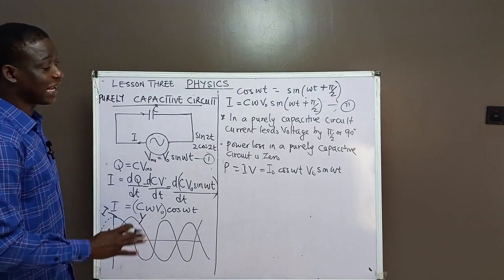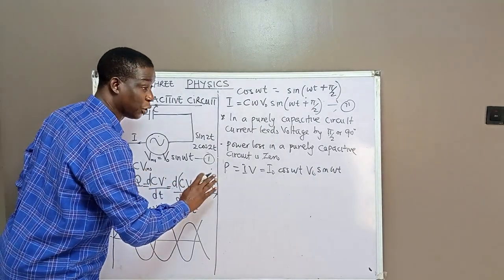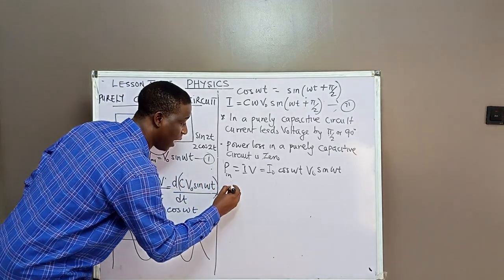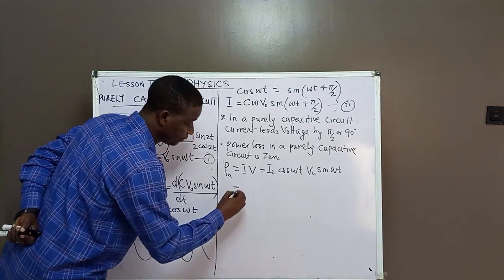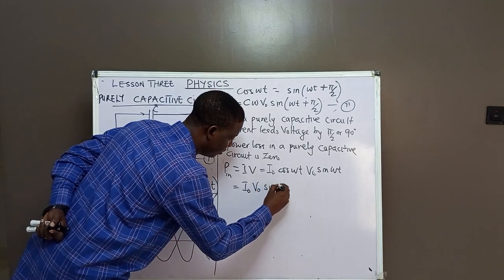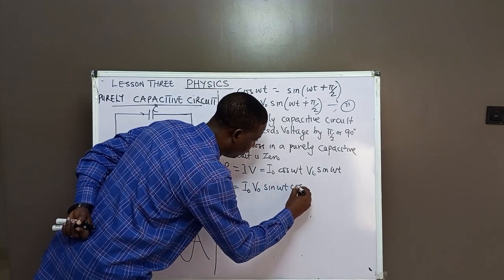So that means the instantaneous power here, it has instantaneous power but it does not have power loss or power expended. So instantaneous power will now be equal to I naught V naught sine WT cos WT.